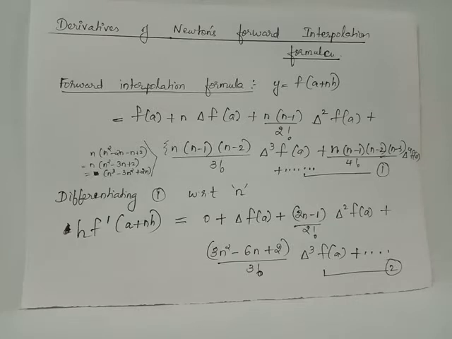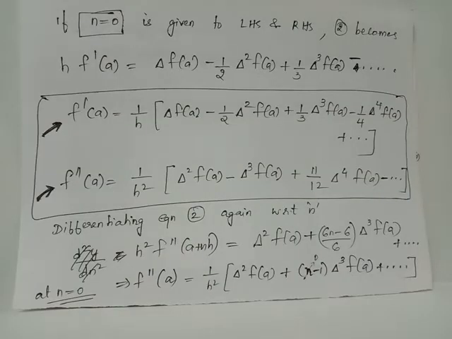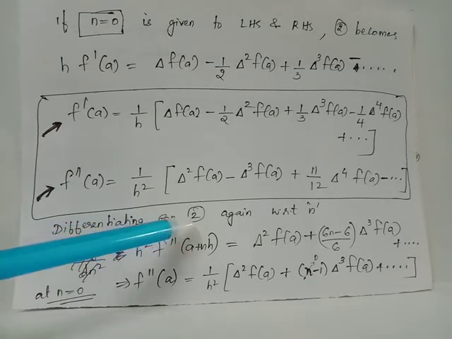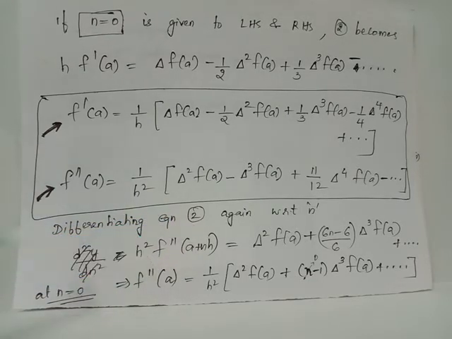That is, when you evaluate the second order derivative, you will have the coefficient of Δ³f(a) as n - 1. Hence, by differentiating both sides of equation 2 with respect to n, we will have h² f''(a + nh) = Δ²f(a) + (n - 1)Δ³f(a) + etc., which can be written as f''(a) = (1/h²)[Δ²f(a) - Δ³f(a) + etc.] by giving n equals 0.